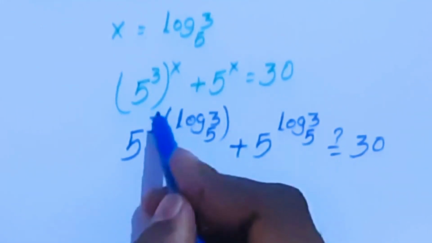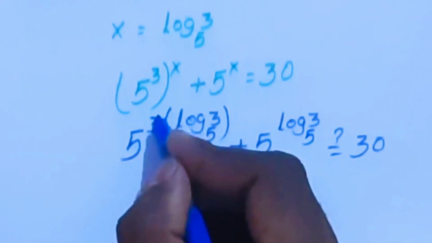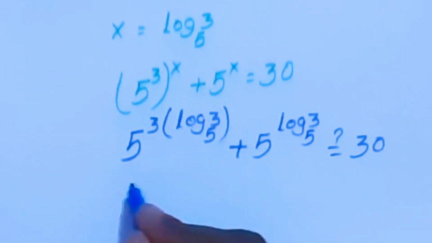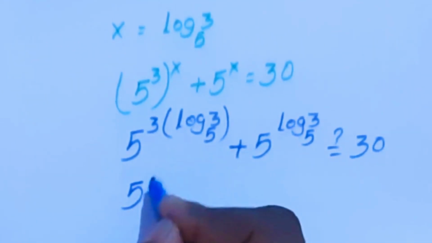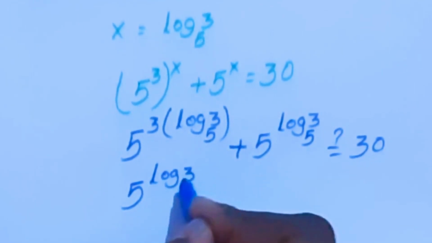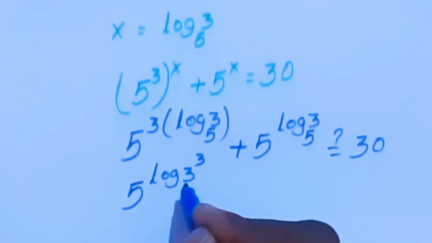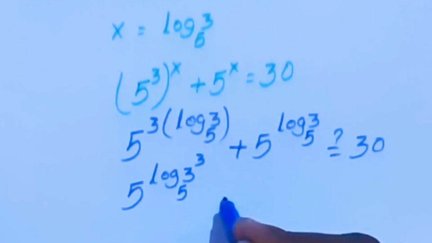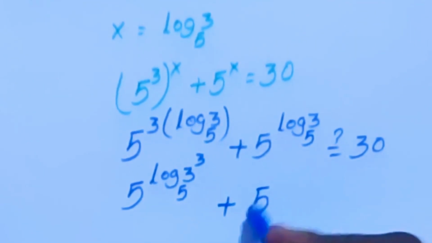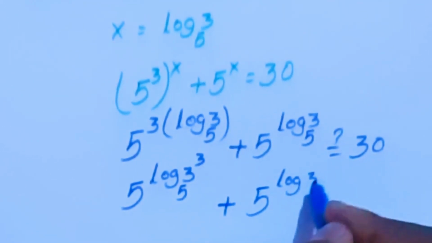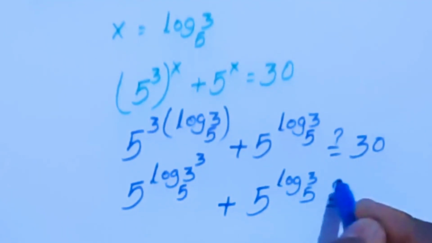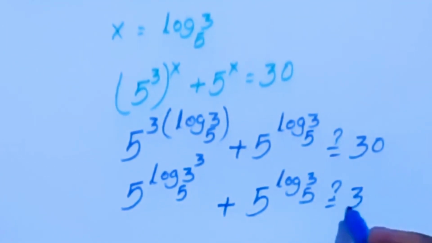Now, according to this log power formula, this 3 comes here. So, 5 to the power of log 3 to the power of 3 base 5 plus 5 to the power of log 3 base 5 equal to 30.